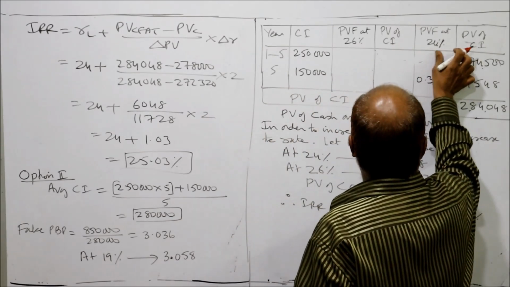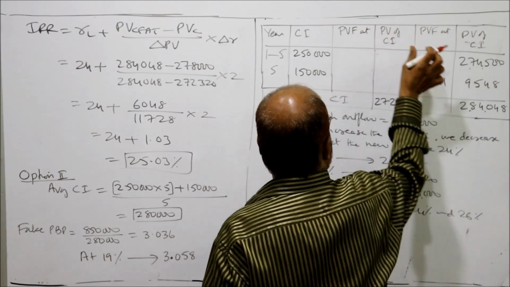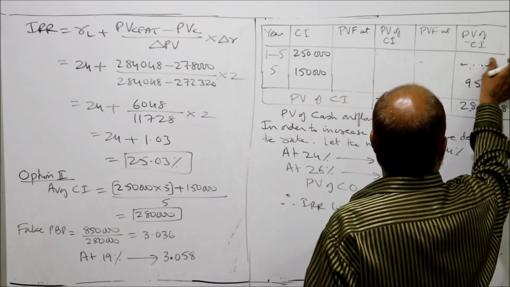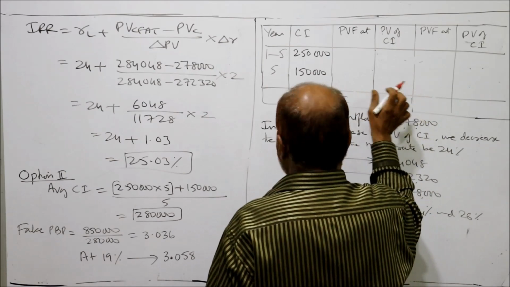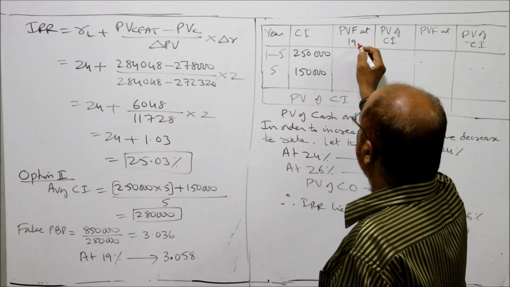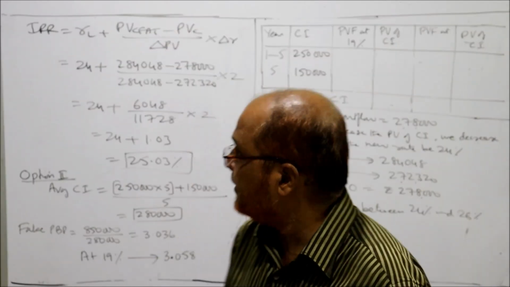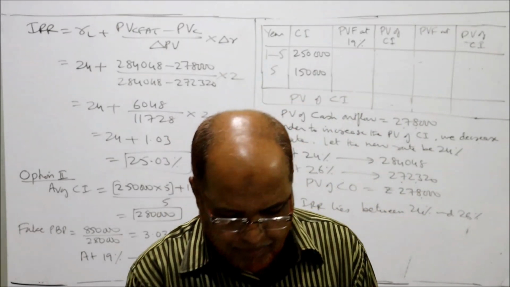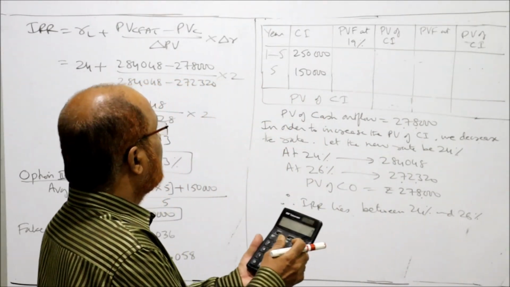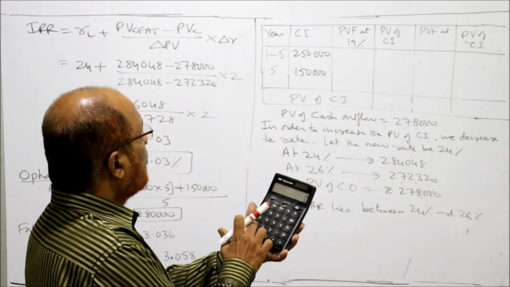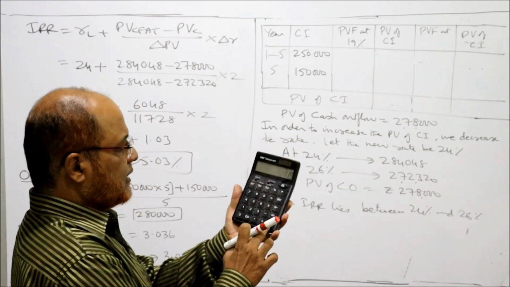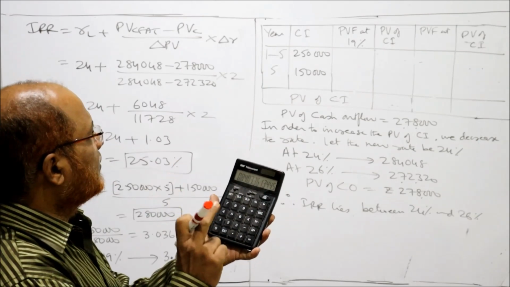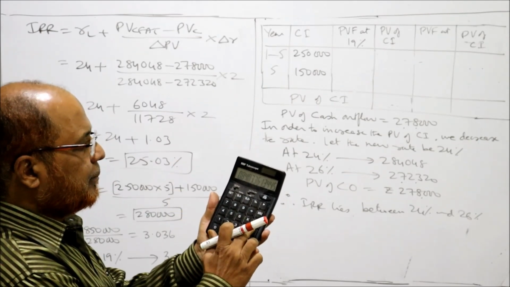Same table, but percentages and amounts will change. Now we are taking 19%. At 19% we are taking the PV of annuity factor. 1 divided by 1.19, first year, I put it in memory.